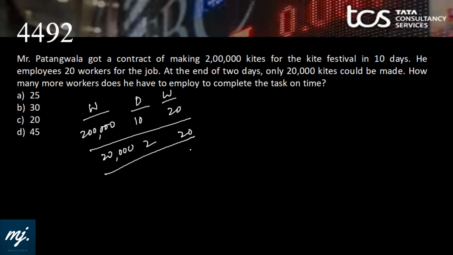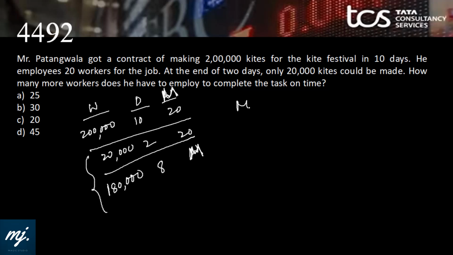How many more workers? Not this W, this is M. Workers stands for M. How many more workers does he employ to complete the task on time? Time remaining is 8 days, and he needs to produce 1,80,000 more kites.